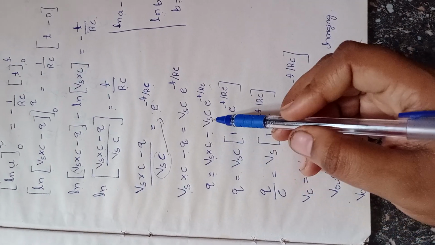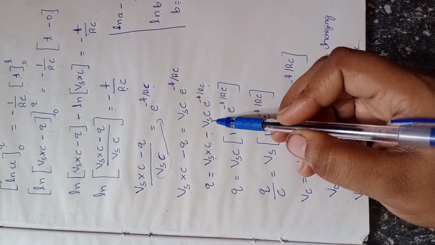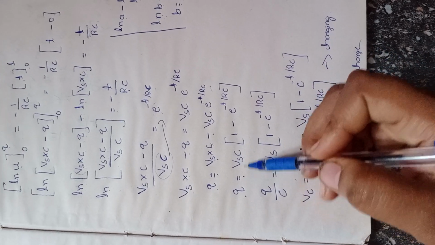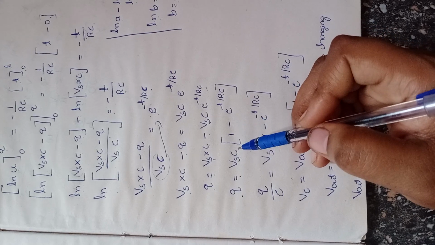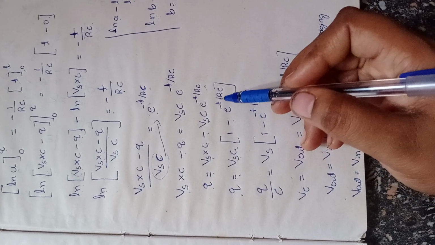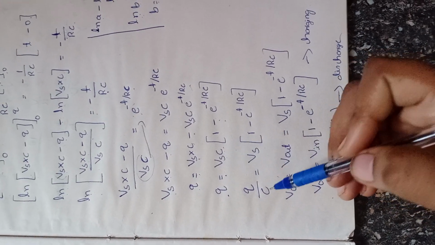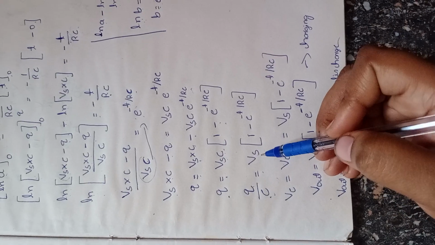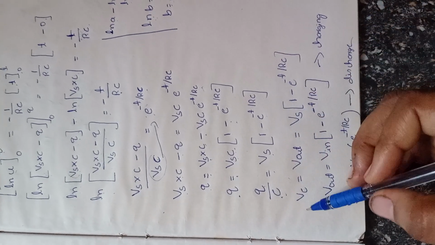Vs into C is common in these two parts, so I am taking Vs into C as common. So Q is equal to Vs into C, and 1 minus e power minus t by RC is remaining. So I am taking this C to the left hand side. Q by C is nothing but Vs times 1 minus e power minus t by RC.